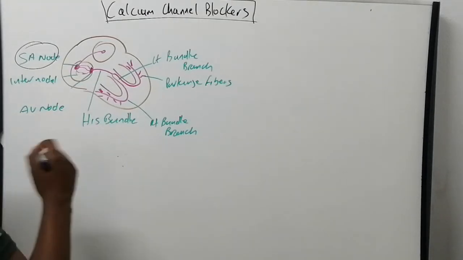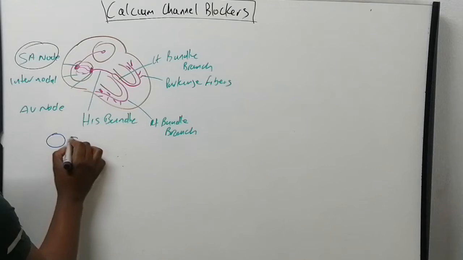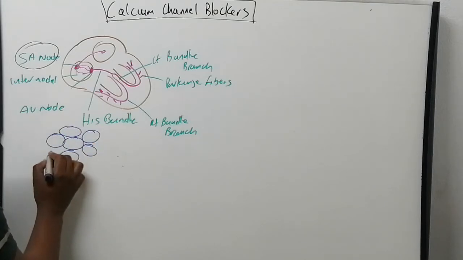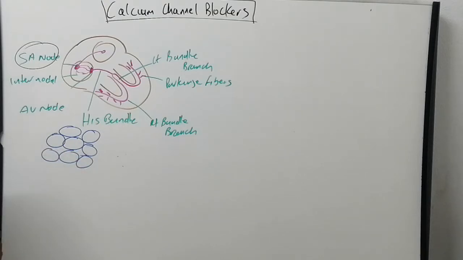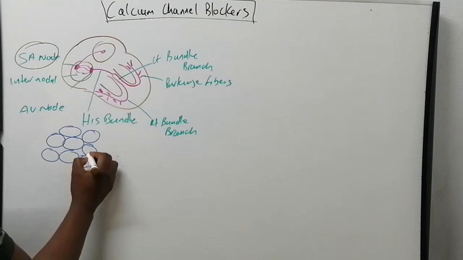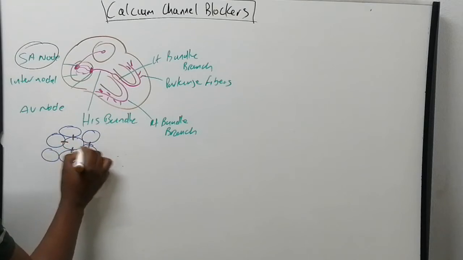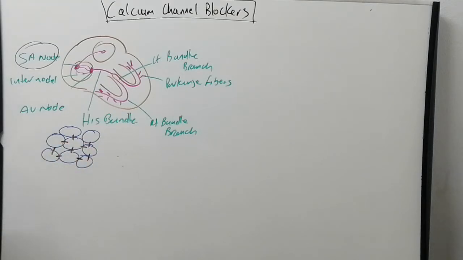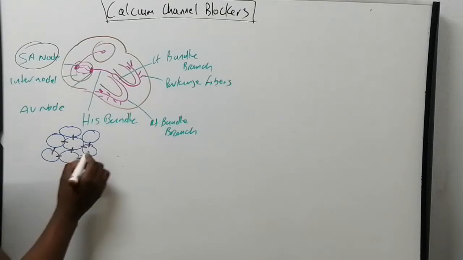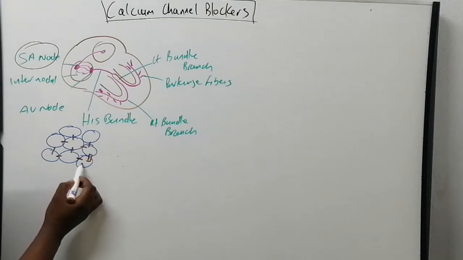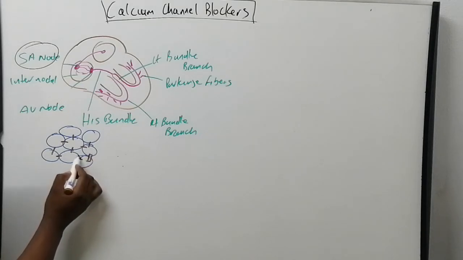the SA node is a group of cells, just a bunch of cells that, very important, are connected to each other via gap junctions. Gap junctions are like a passageway for stuff to move from the cytoplasm of one cell to the cytoplasm of another cell.